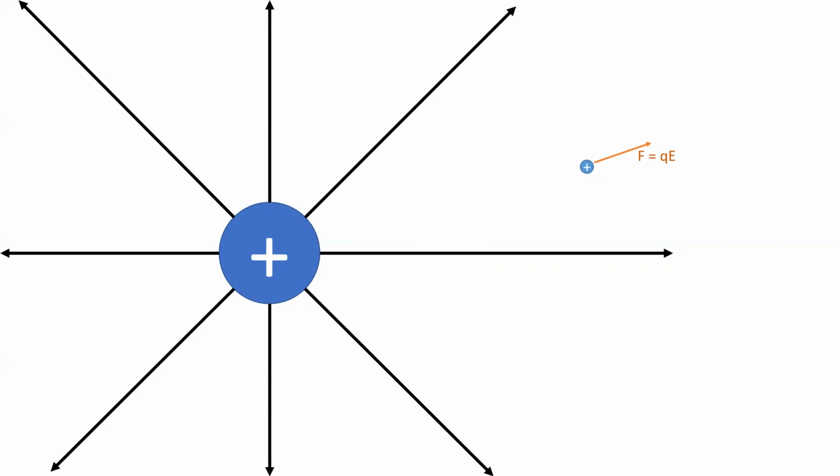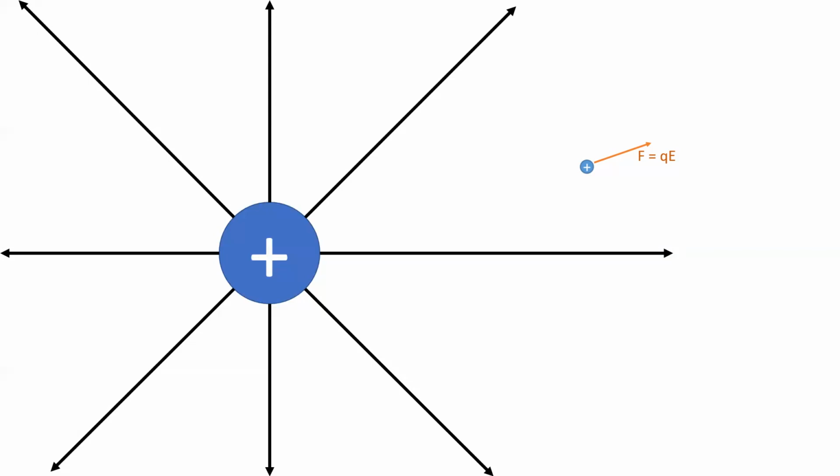Now, this new charge that we just introduced has a magnitude much smaller compared to the first charge. So although this new charge also produces its own electric field, the electric field that it produces is negligible compared to the electric field produced by the first charge. And so the influence of the first electric field is much stronger towards the second charge.